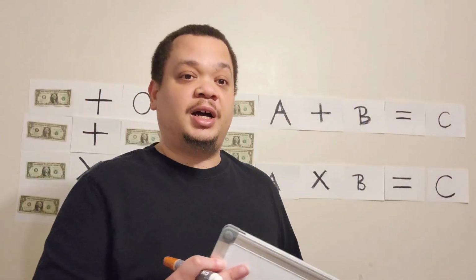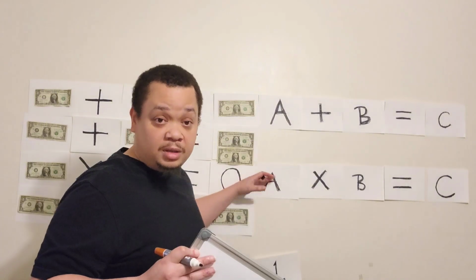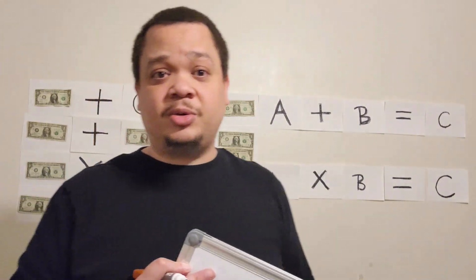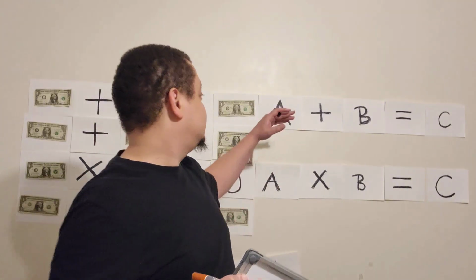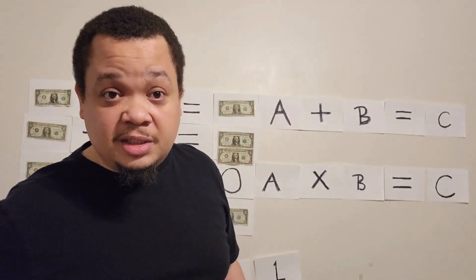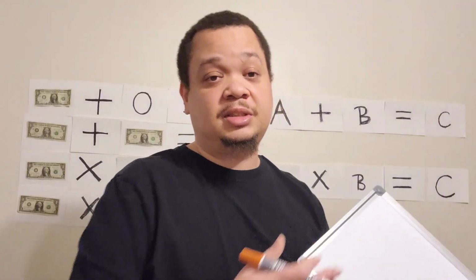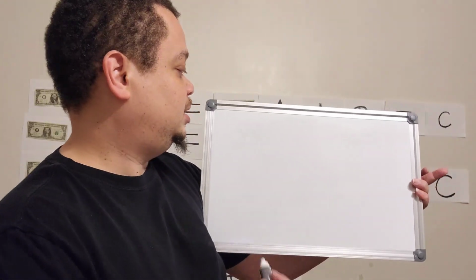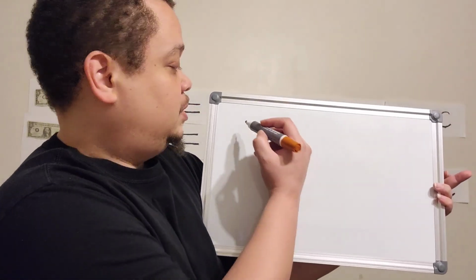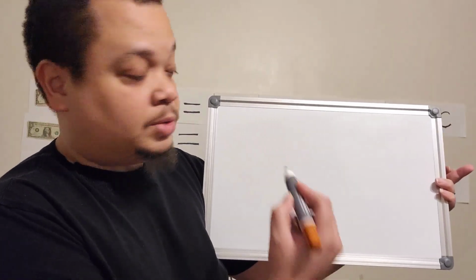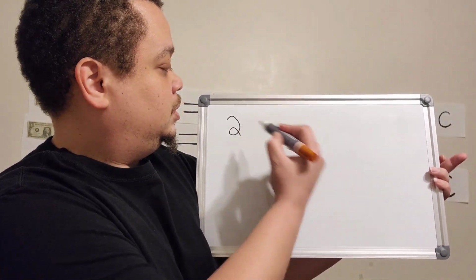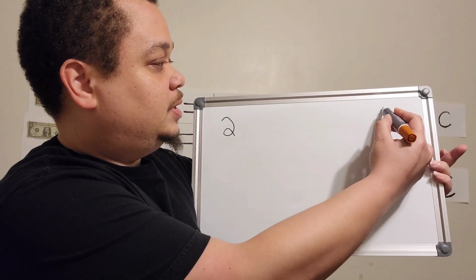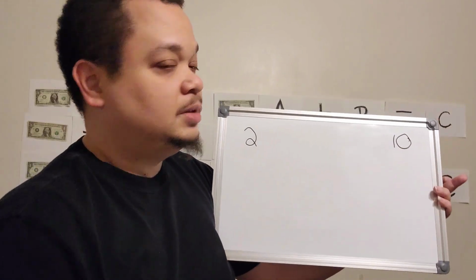All right, so I'm going to show you how math teaches you to get that multiplication equation using this addition equation. All right, this is how they taught us. So let's begin. All right, so we're going to use 2 to try to get to 10.